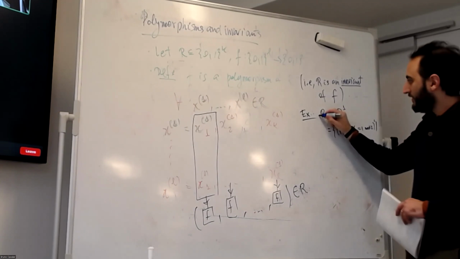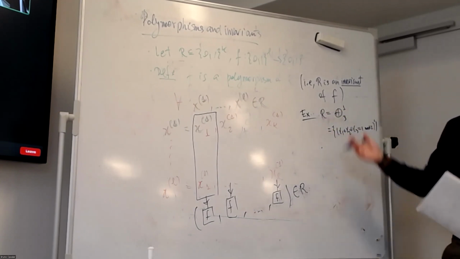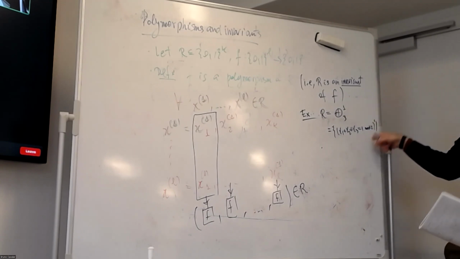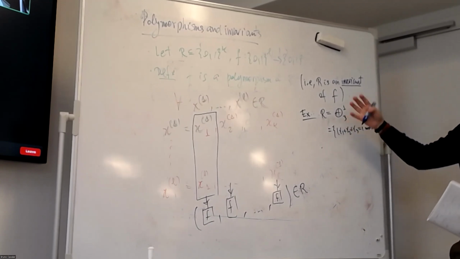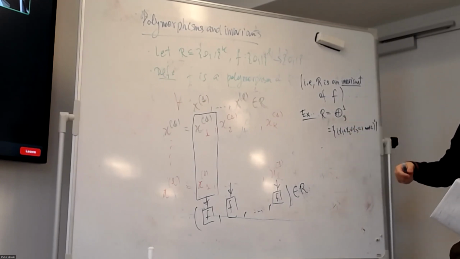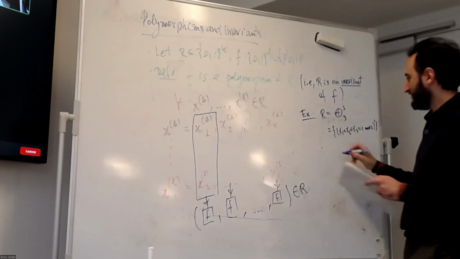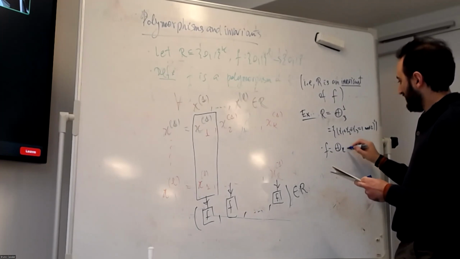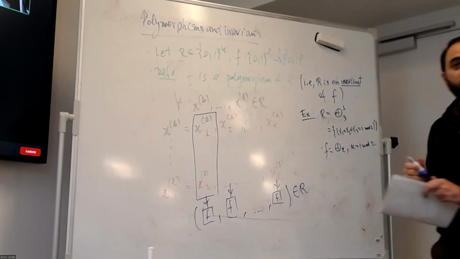So what's a simple polymorphism of this? Odd number, because you have a 1 equal 1 here. So if you sum any odd number of satisfying solutions, you get a new satisfying solution to the equation. So f just being x1 plus ... plus xk, where k is also odd.